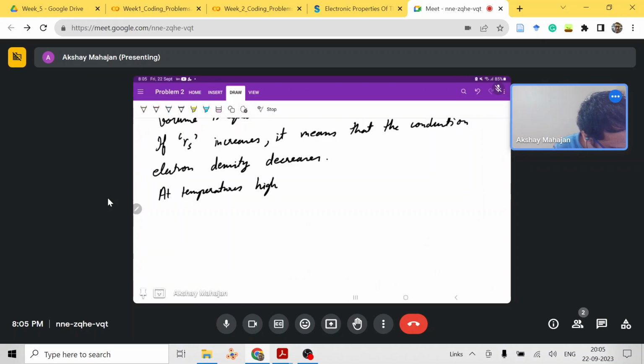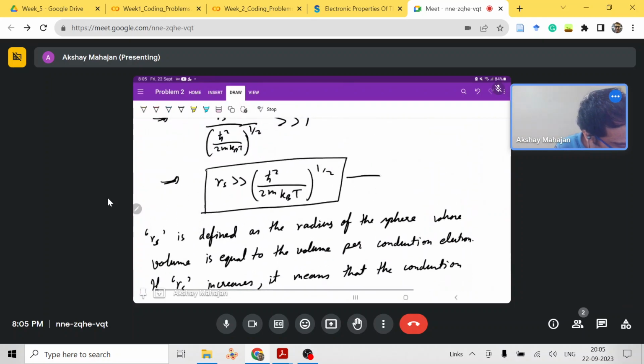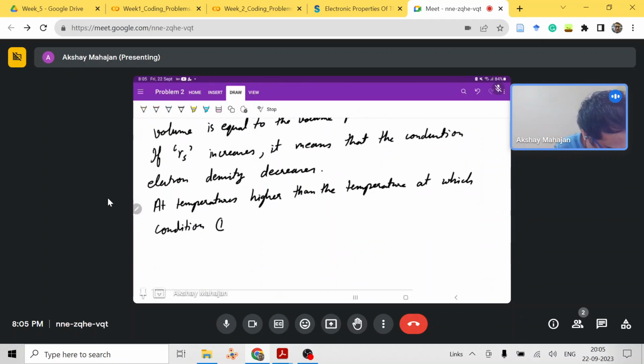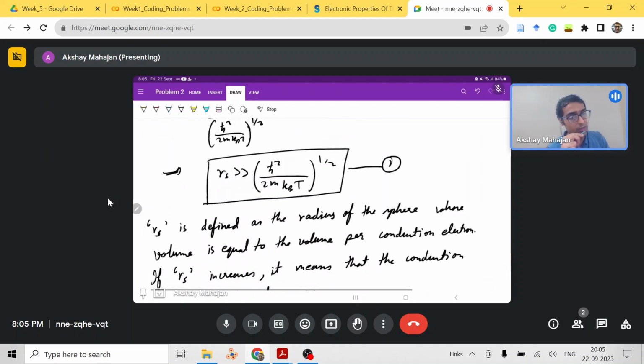So we are decreasing the conduction electron density at temperatures higher than the temperature at which condition 1 is satisfied. If we keep increasing the temperature, then h square by 2m kBT will decrease, and thus our rs value will stay higher than this.